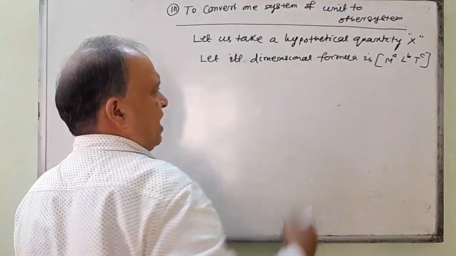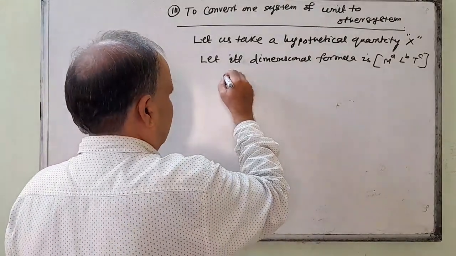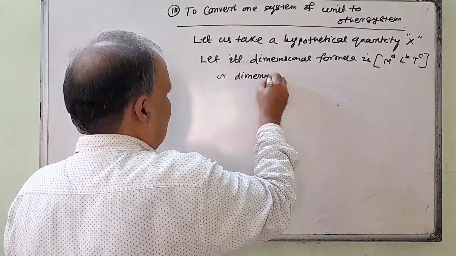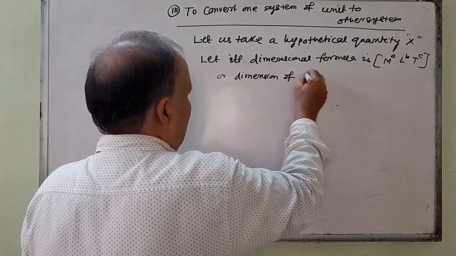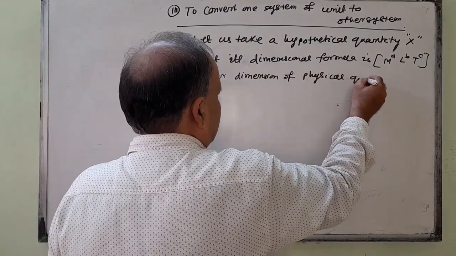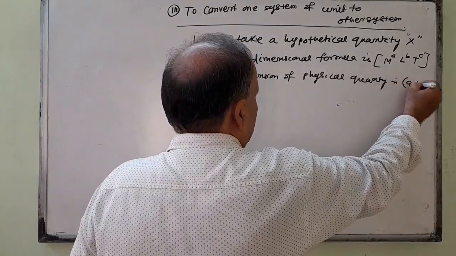Or we can say the dimensions of the physical quantity are a, b, c.